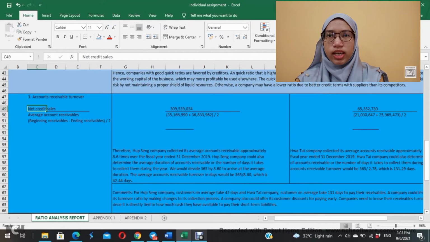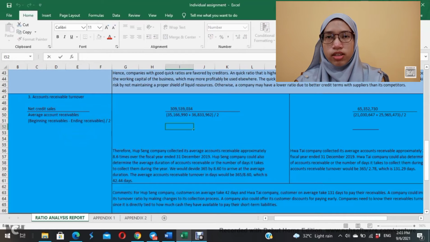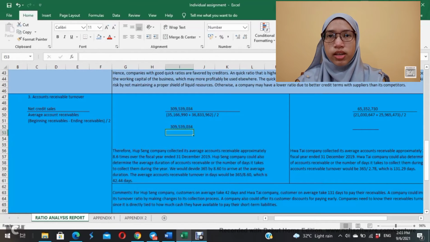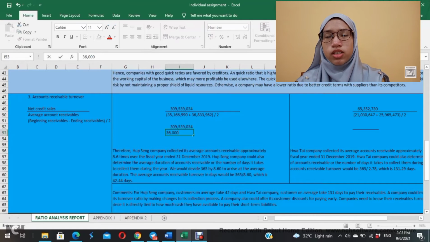After that, calculating accounts receivable turnover. Accounts receivable turnover is calculated by dividing net credit sales by the average accounts receivable for that period. For Hapseng company, they did not provide the net credit sales, so I take the sales instead of net credit sales. The sales is 309,539,034 ringgit divided by 36,476 ringgit of average accounts receivable.